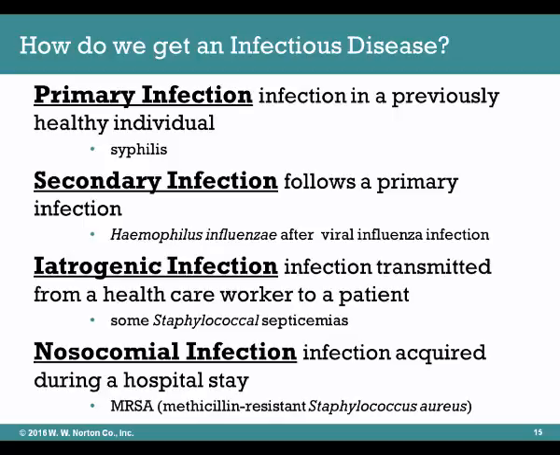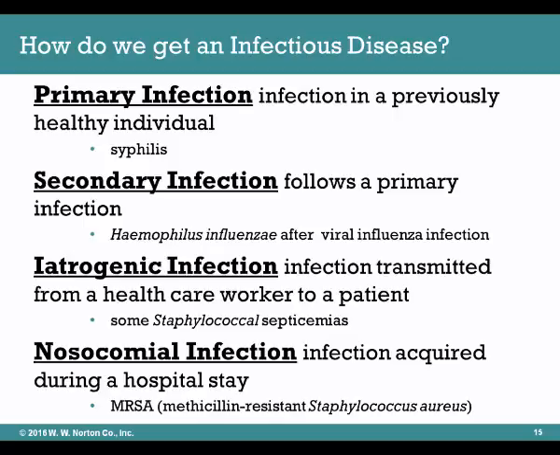And when a patient comes into the hospital with one infection, or comes in for, say, surgery, and is perfectly healthy coming in, but then during the hospital stay gets sick, we call that a nosocomial infection, or a hospital-acquired infection, HAI.